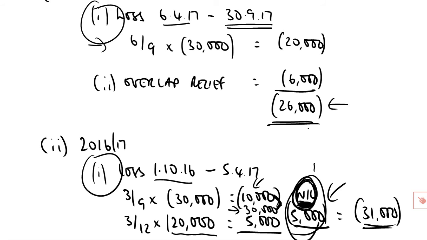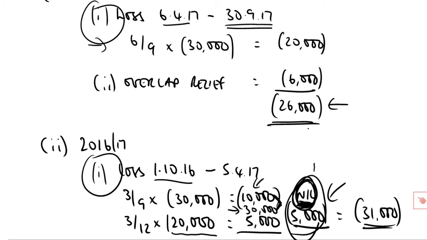So here, loss £31,000. One final overall point in terms of these losses, again, if they ask you simply to compute the terminal loss and in a written question show how it would be relieved, you now know how to do that. We can deal with it.